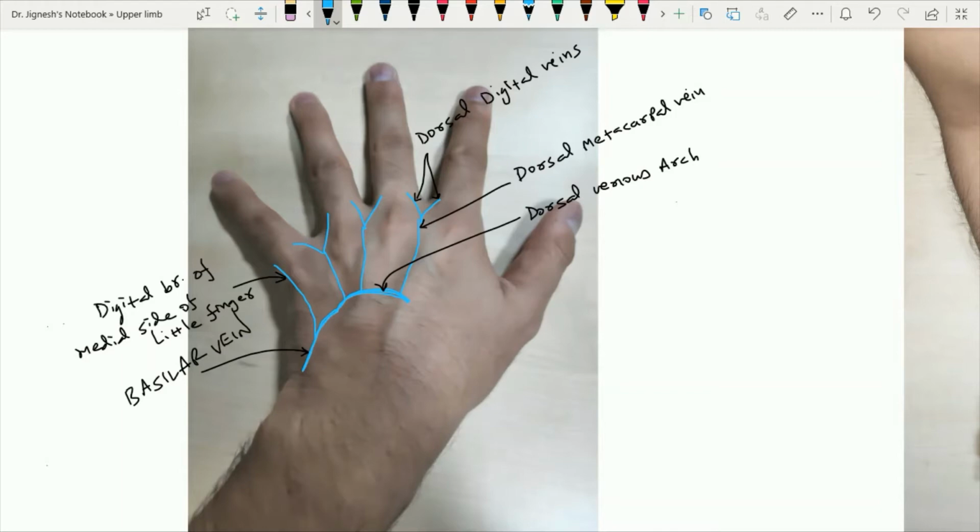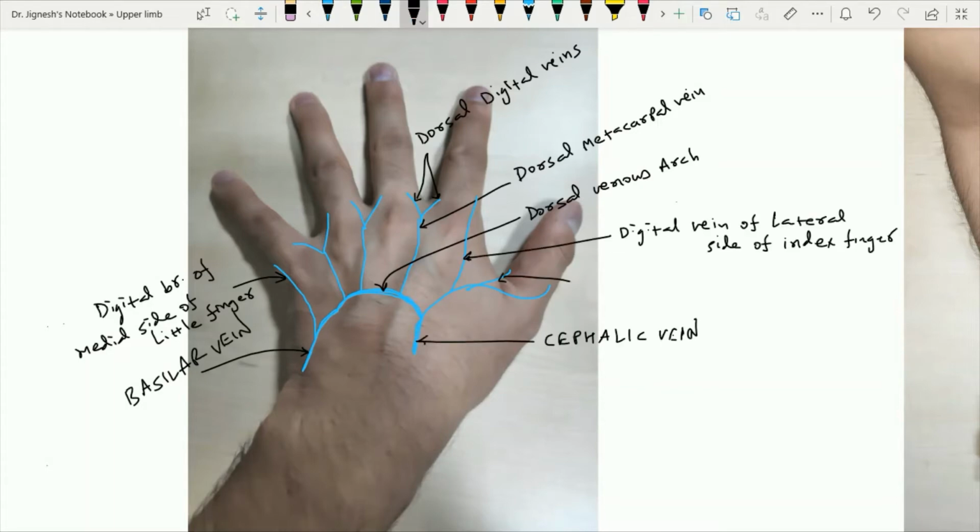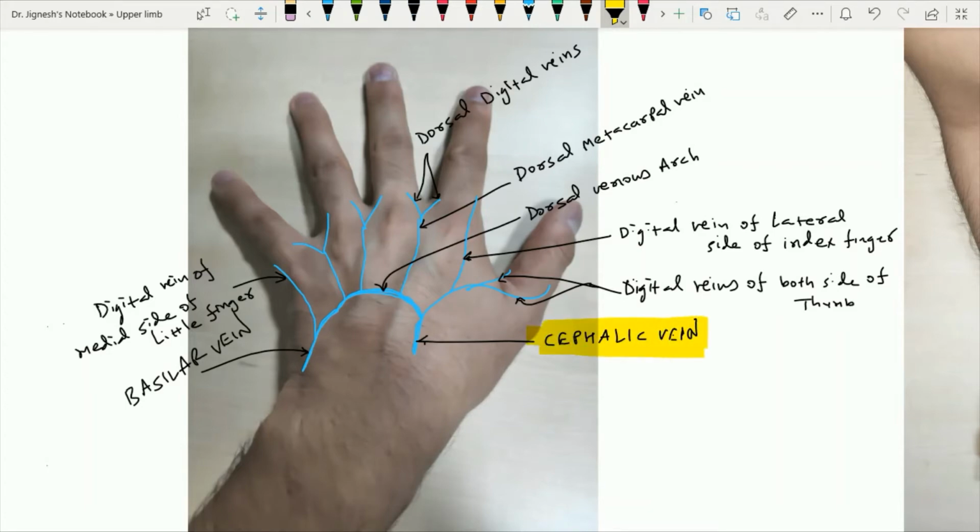The lateral end of the dorsal venous arch fuses with the radial digital vein of the index finger and both digital veins of the thumb, and forms one vein, the cephalic vein. So the cephalic vein forms on the lateral aspect of the dorsal venous arch, while the basilic vein forms at the medial aspect.